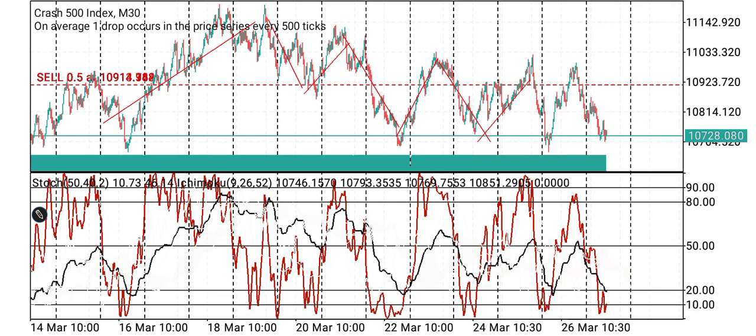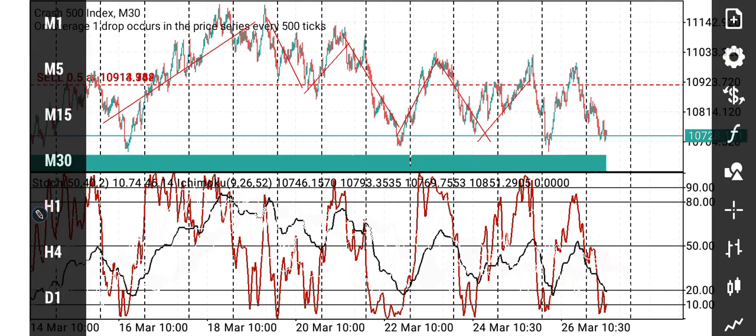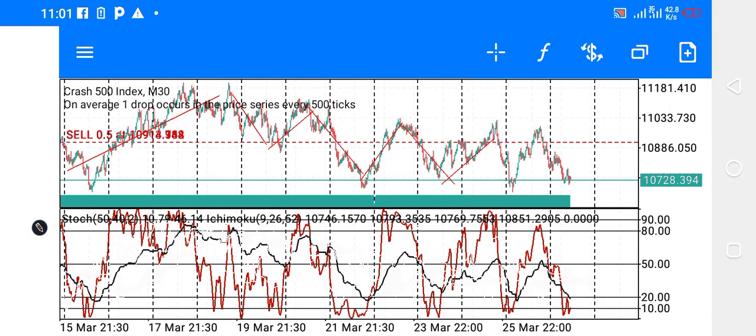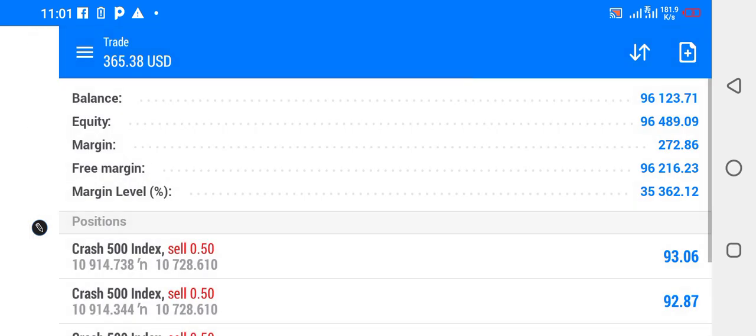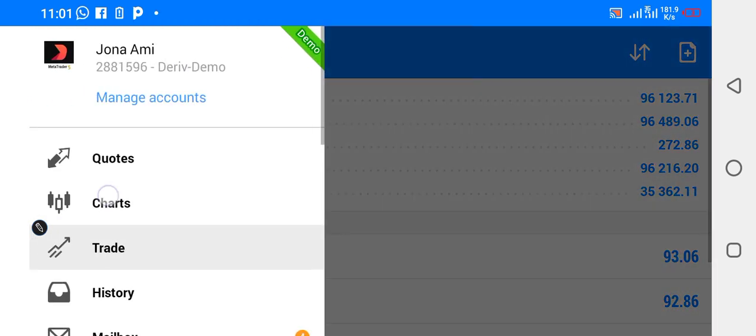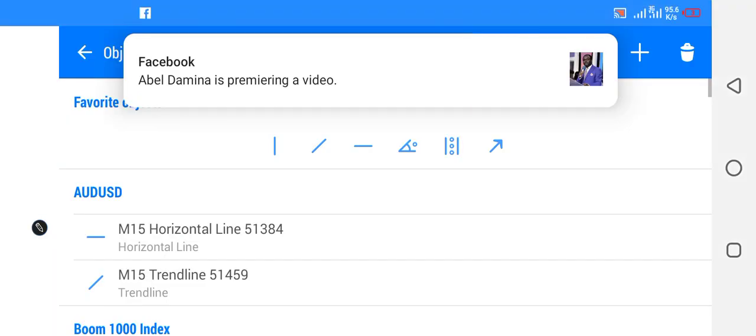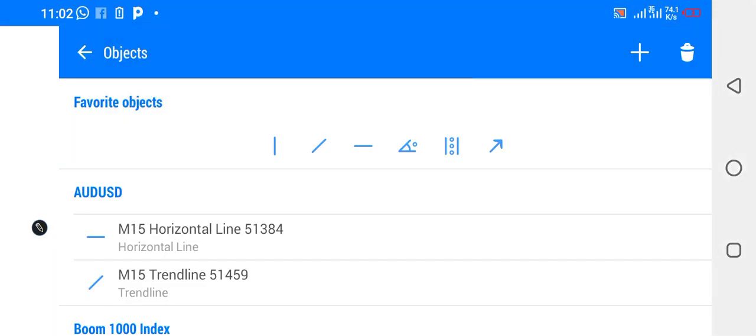Now, how do you draw the lines? You click back here, and then you see this symbol here. Now this is the symbol that you will use.